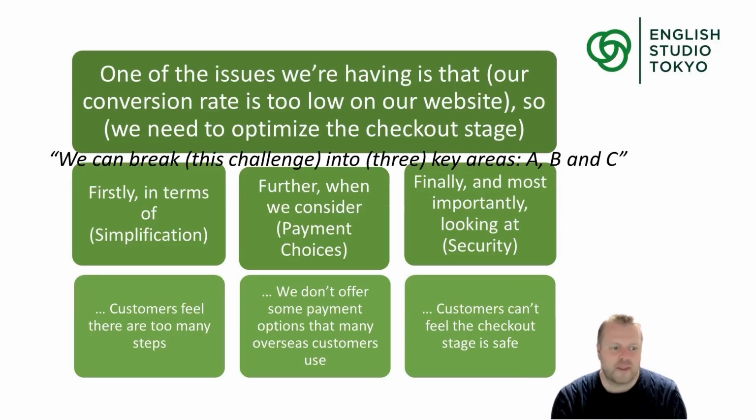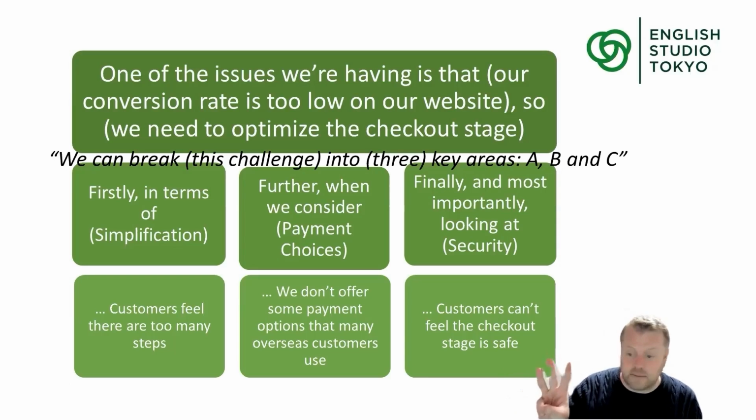But follow me through. Hey guys, good afternoon. So today I want to talk about our website. One of the issues we're having is that our conversion rate is too low on the website. So my team would like to optimize the checkout stage. We can break the challenge into three areas: simplification, payment choices, and security.